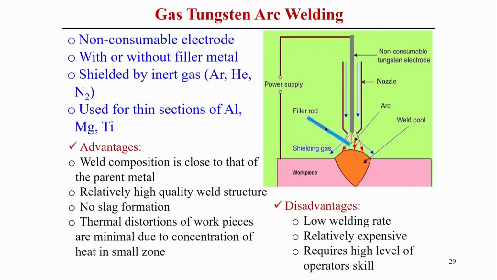The non-consumable electrode passes through the nozzle, and the shielding gas also passes through the nozzle.